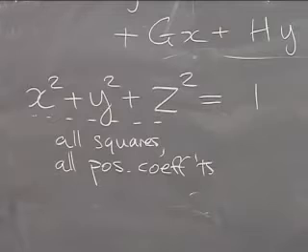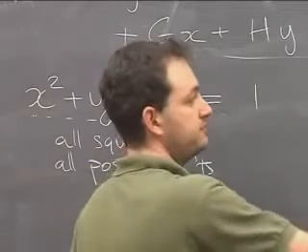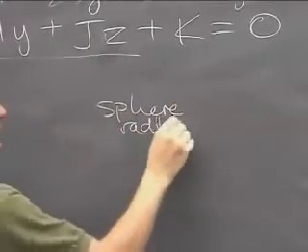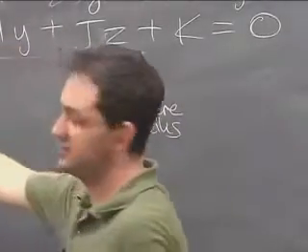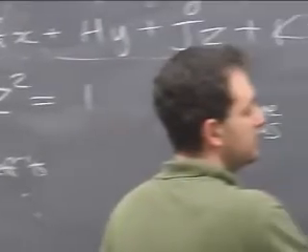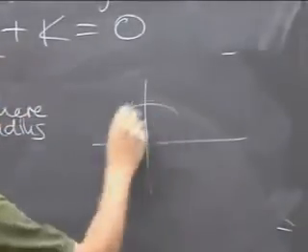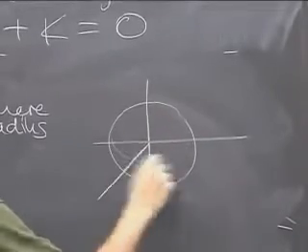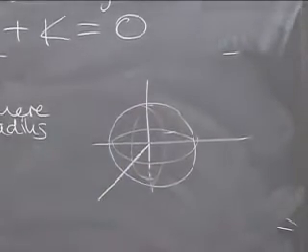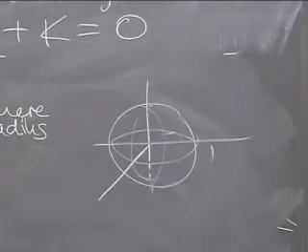In its pure form, as I have it there, you're dealing with a sphere. This says the distance from x, y, z to the origin is 1. So you get all the points which have distance 1. It's a sphere. That's the prototype.